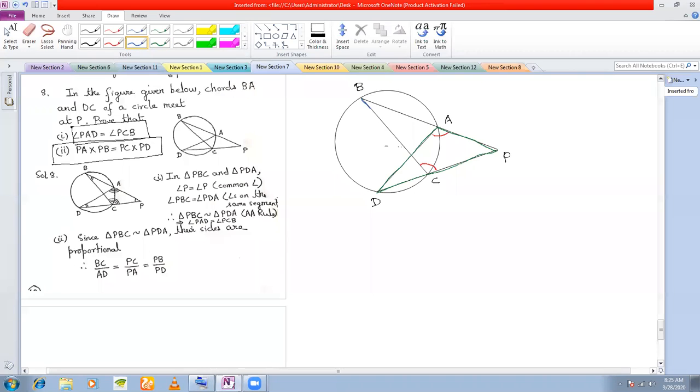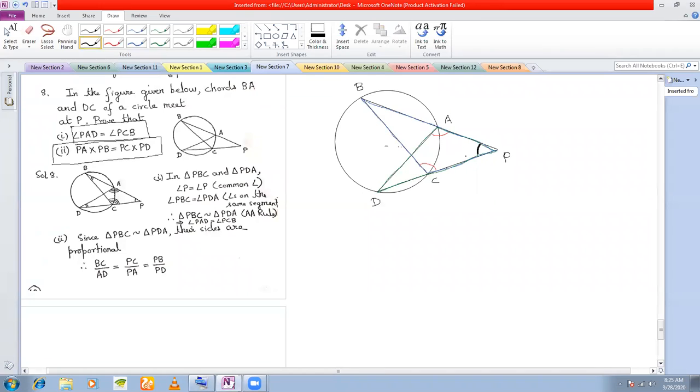This blue one. In fact, PCB is one of the angles of this triangle. That is why we have identified this blue triangle. We need to prove that these two are similar. And how can we prove that these two are similar? First of all, in these two triangles, this is your common angle, angle P.